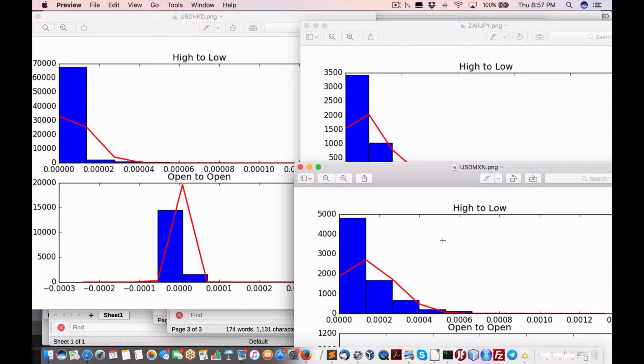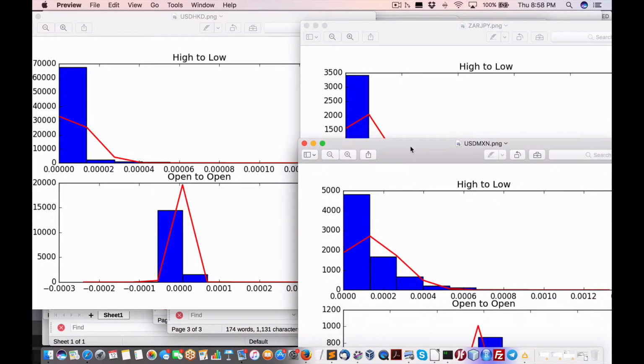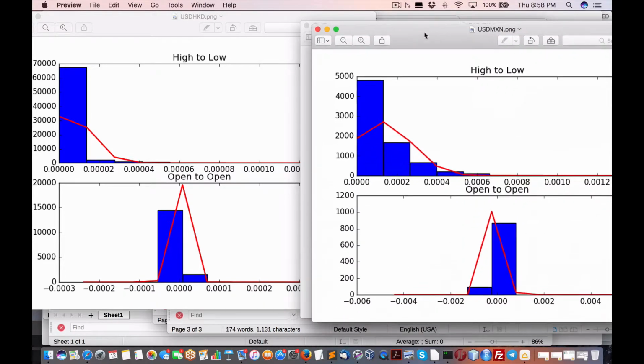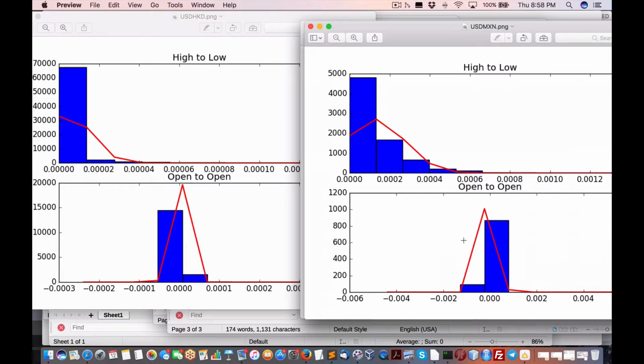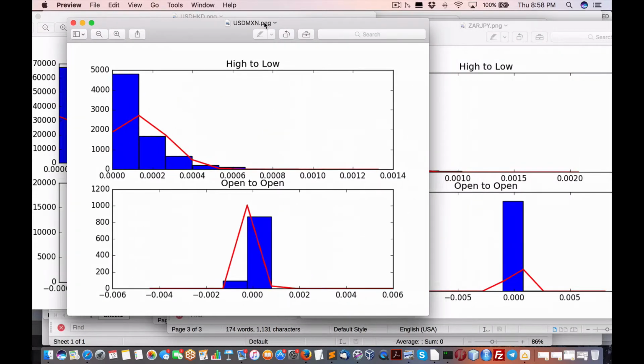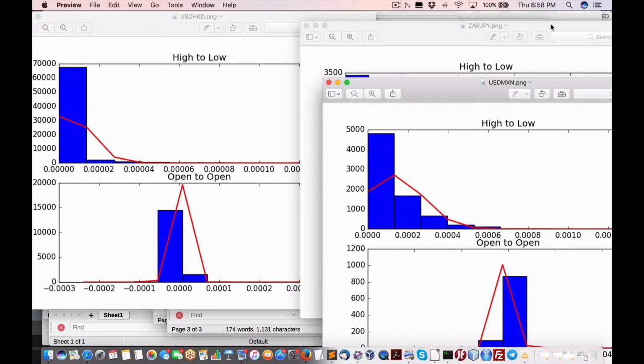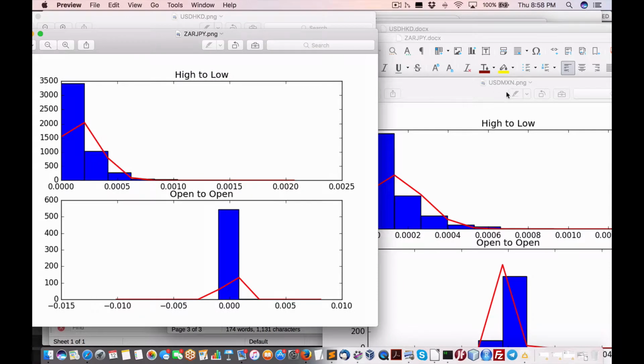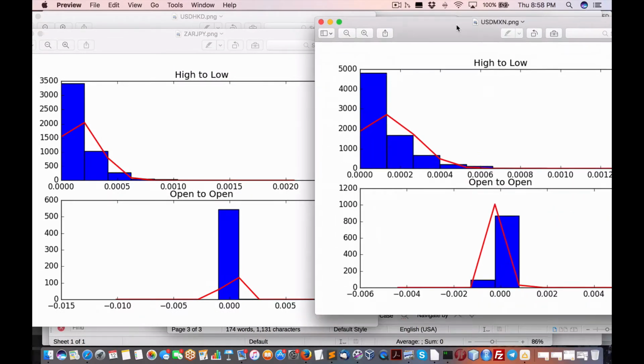This appears to have more swings. But again, it's a little more, has a few more tails at the end there on that distribution. Here's the most volatile. So there you go.